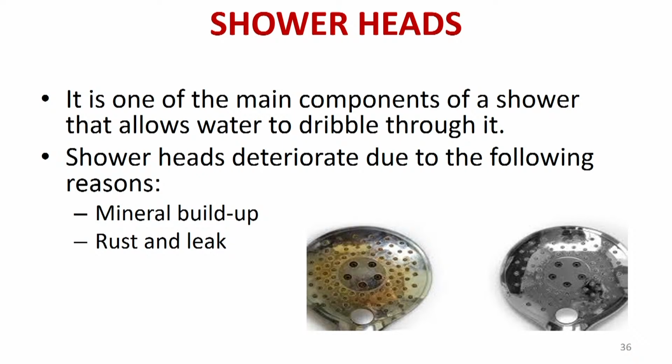Don't take another chance. Another important part of plumbing is your shower head. In your bathroom, we always use the shower, and in the picture, which is common, you will find that because of minerals, because of rust, or because of the quality of the water, there is accumulation of minerals inside the pores that will make the life of the shower head miserable.